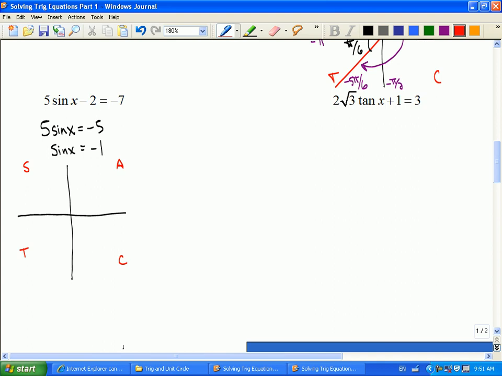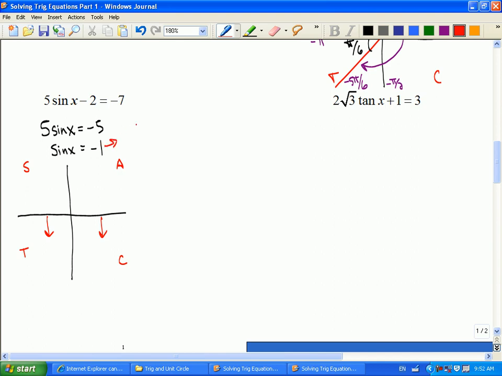Okay, so before I go any further here, sine's negative, so it's going to be down underneath the x-axis, right? But before I go any further, which picture am I going to be using? Picture number 3, yeah, it'll come from the unit circle.